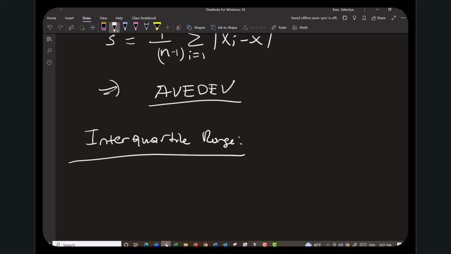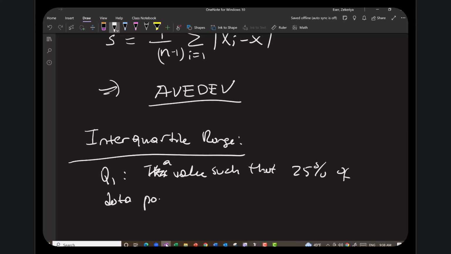First of all, when we say Q1, we say a value such that 25% of data points are at or below Q1. It's the first quartile or 25th percentile.